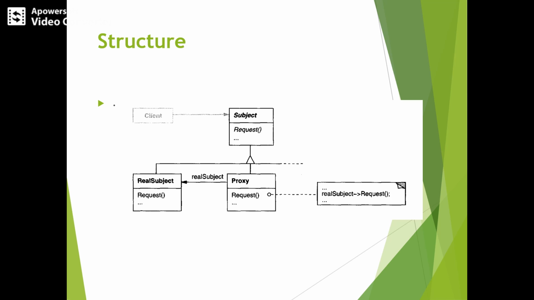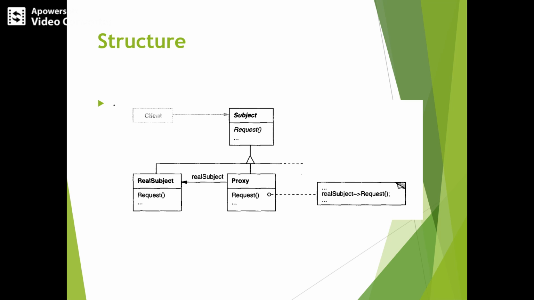This is the image, the real image and the image proxy, with the graphics being the main abstract class. We had seen this in the previous diagram. So this is the real structure of the proxy design pattern.